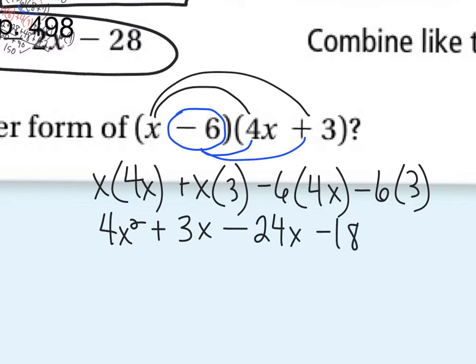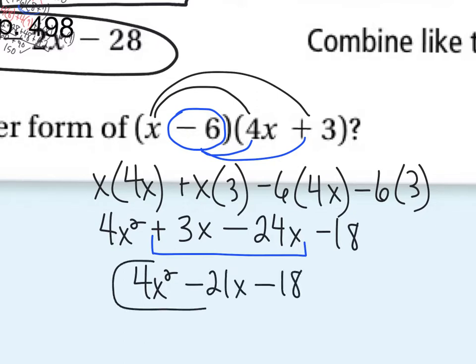And then at this point, we've got like terms in the middle that we can combine. And that would be minus 21x. And so this would be our final answer for that problem.